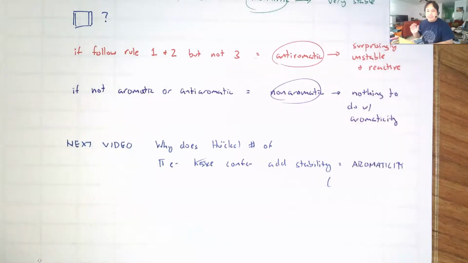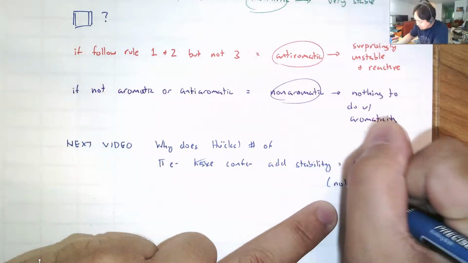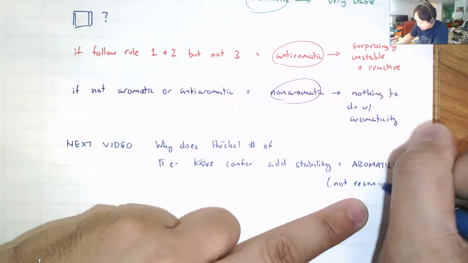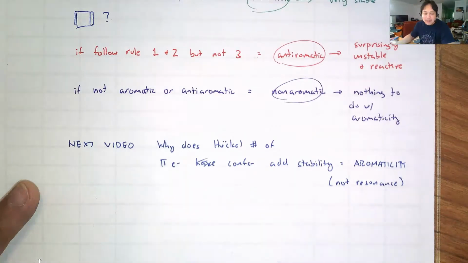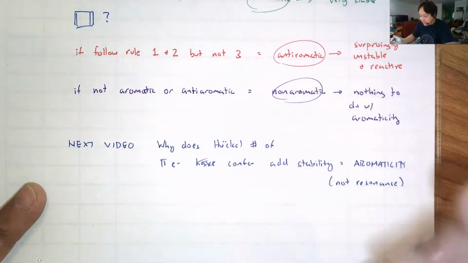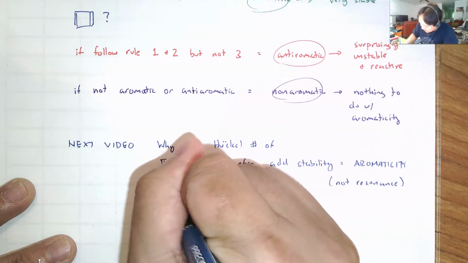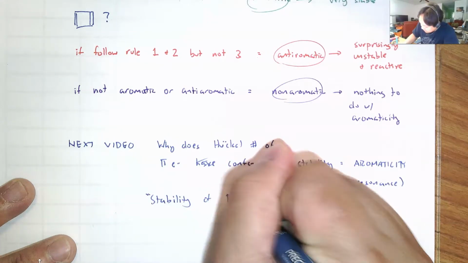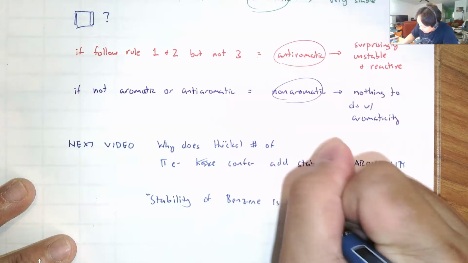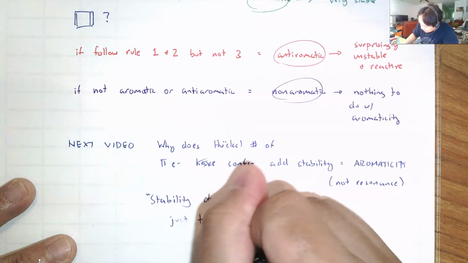I know I've said this many, many times in this video: aromaticity is not resonance. Just because a molecule has resonance doesn't mean it's aromatic. And the stability that we see with benzene is not all due to resonance. Maybe that's the take-home lesson: the stability of benzene is not due just to resonance.